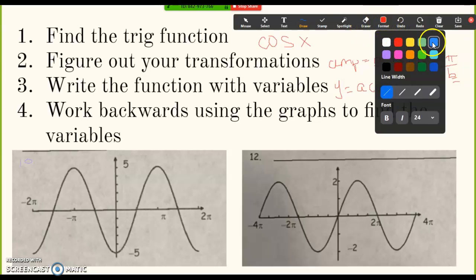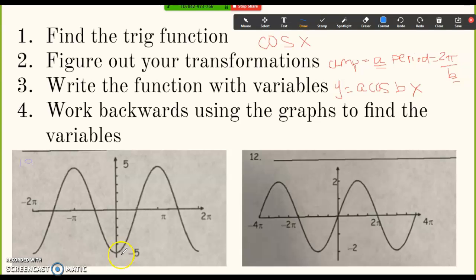If I look at the graph and I look at cosine, its low point and its high point are at 5. So I know that A equals 5.